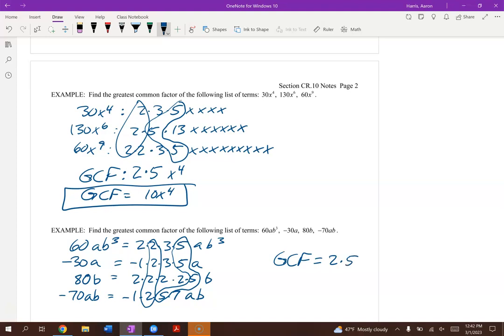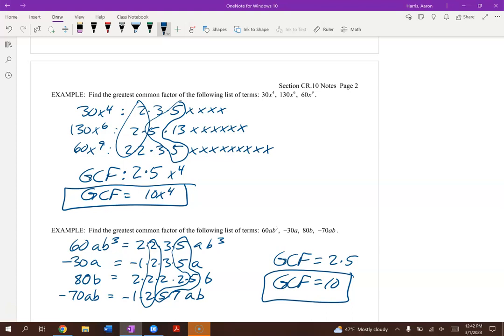Do they share any variables? A's are in everything except the 80B, so that's a problem. And then B's are in everything except the second one. So it looks like we're stuck. That's it. Just no variable factors, just 10 on that.